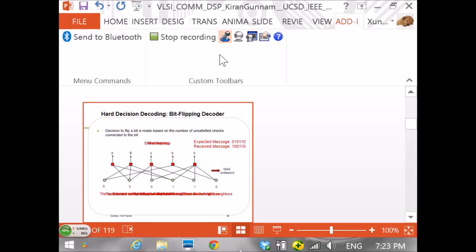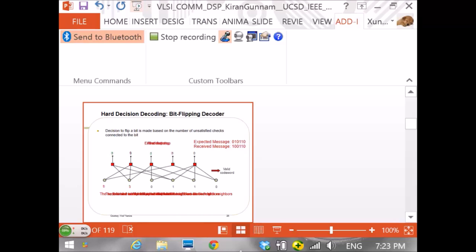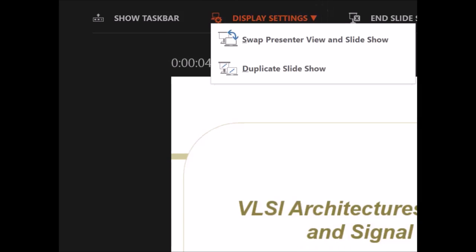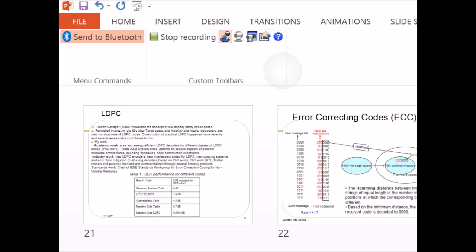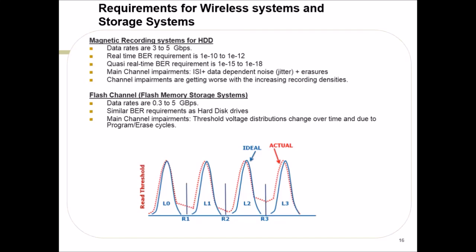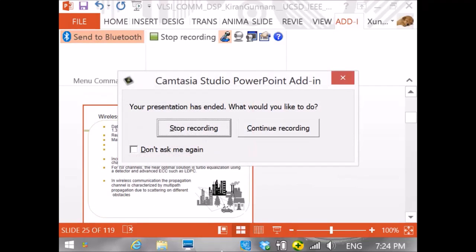Sure. Give me 1 second, I just want to make sure it's okay. Continue recording.